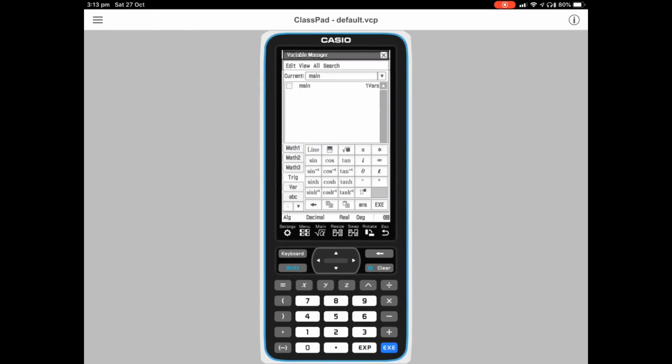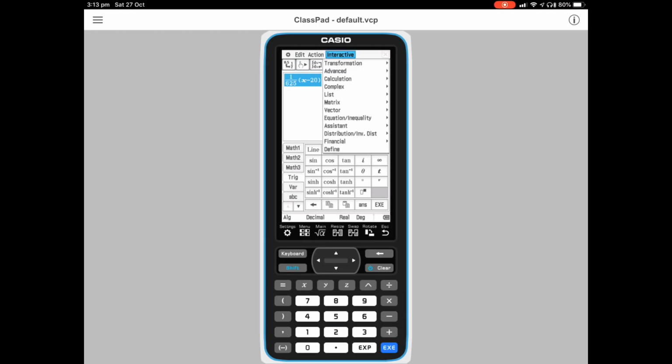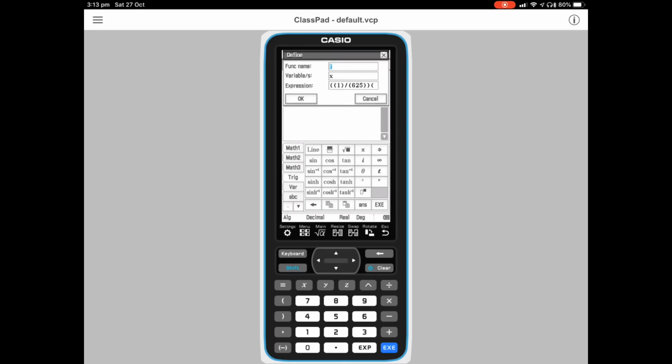So f of x is 1 on 625, x minus 20, that would make sense because it's positive. Then the other one is a bit similar, but we'll call it g, and I think it was 70 minus x.